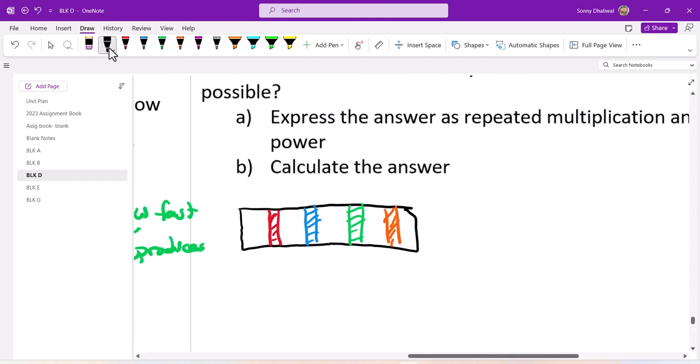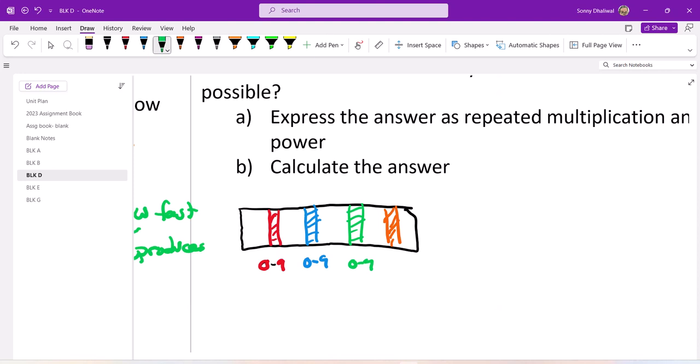Each one of these dials can be 0 to 9, 0 to 9, 0 to 9, 0 to 9. The question is, how many different combinations are there?